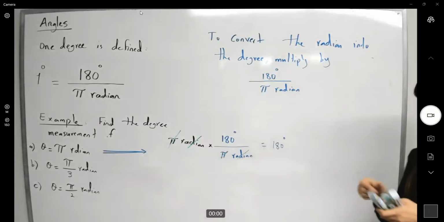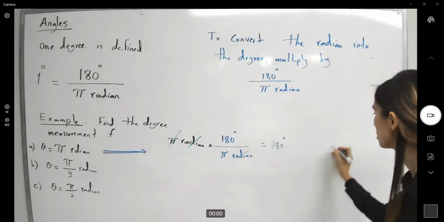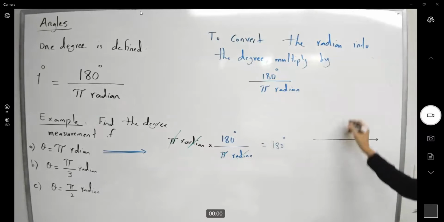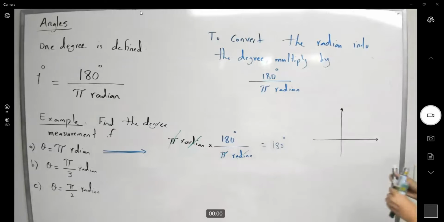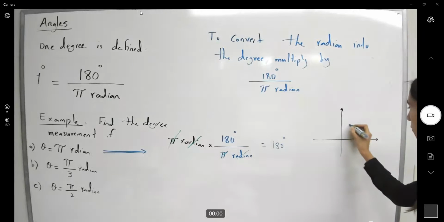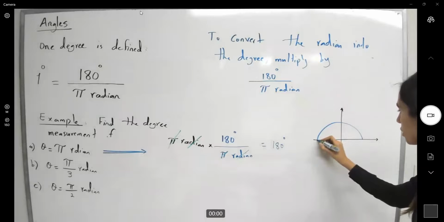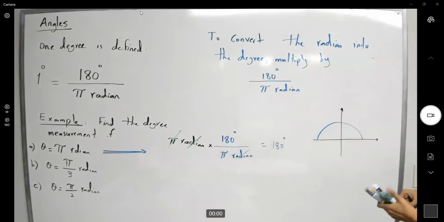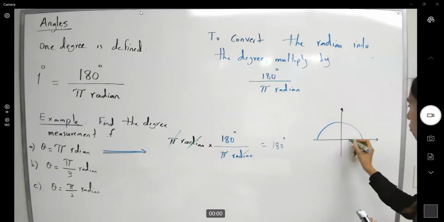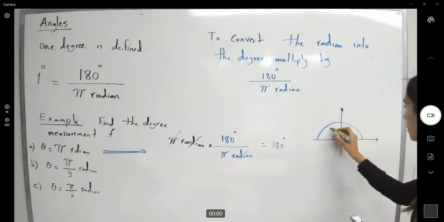How do I visualize that? Well, the visualization is not that hard. The angle pi is going to be just right here. So this is my pi radian or 180 degrees.